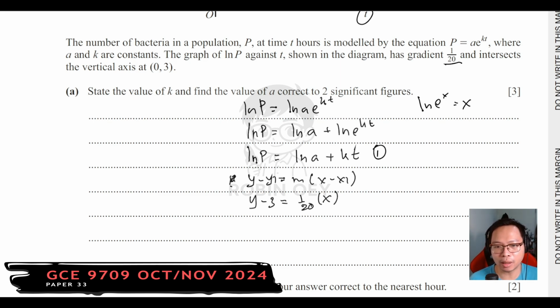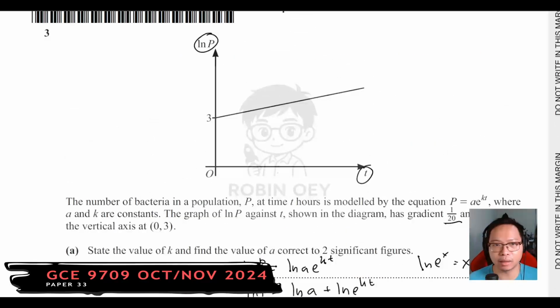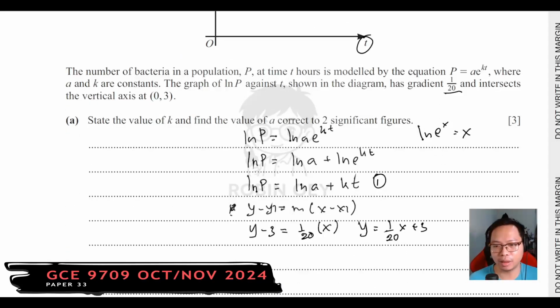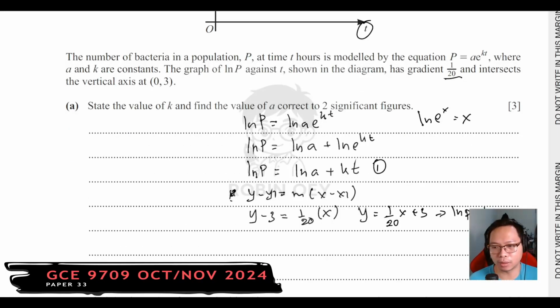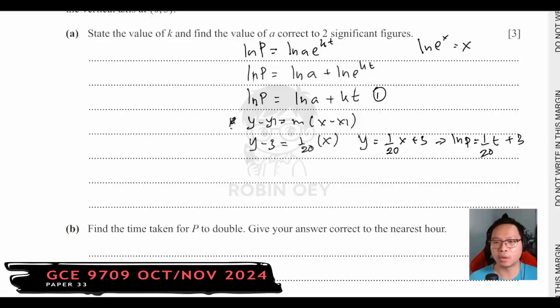So we got the second equation, y equals 1/20 x plus 3. Since the y-axis is ln P, I can change this into ln P equals 1/20, and the x-axis is t, so just put a t here, plus 3.